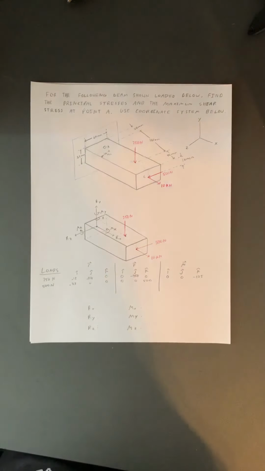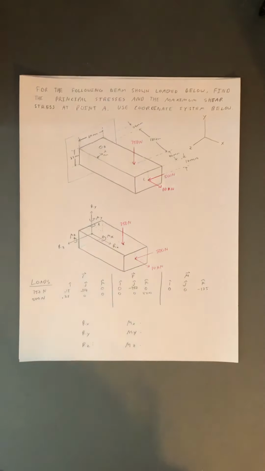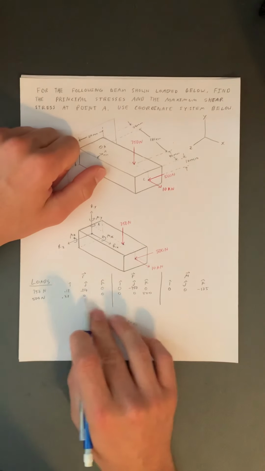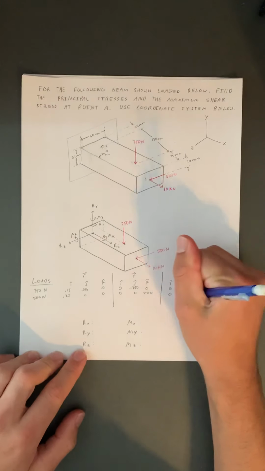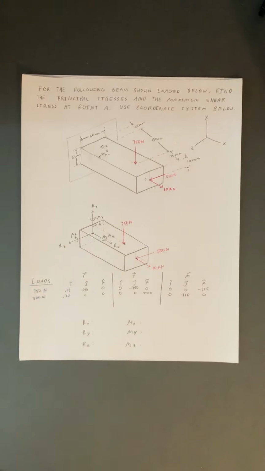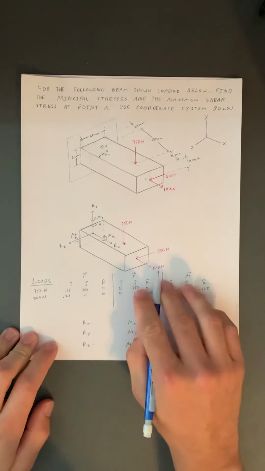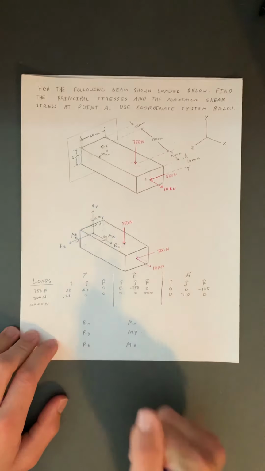Let me zoom in a little bit just so you can see for sure. All right. So now we just take the cross product of these two vectors again, and we get 0, negative 110, 0. Okay. So now we have our finally 10 kilonewtons, which is 10,000 newtons.